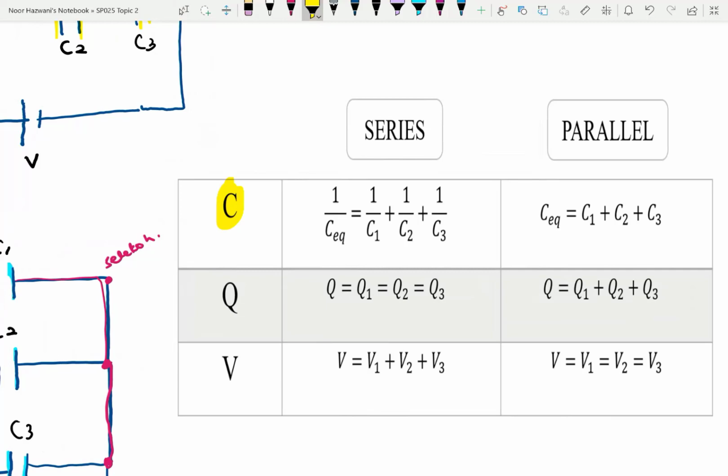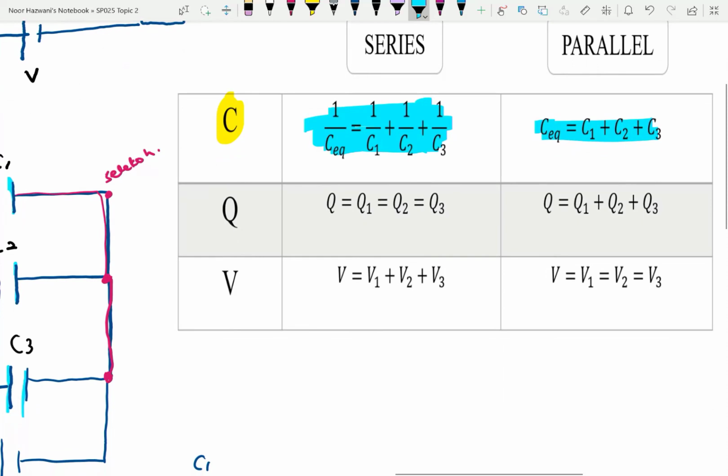Kalau you remember about the resistance, untuk series we just R total equals to R1 plus R2 plus R3. But then untuk capacitance dia terbalik. Untuk parallel yang kita just tambahkan macam biasa. But then untuk series kena 1 over C equivalent equals to 1 over C1 plus 1 over C2 plus 1 over C3. Okay, you kena ingat dia macam terbalik je lah.